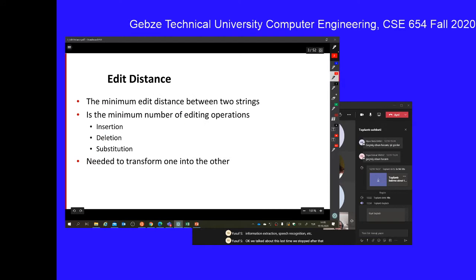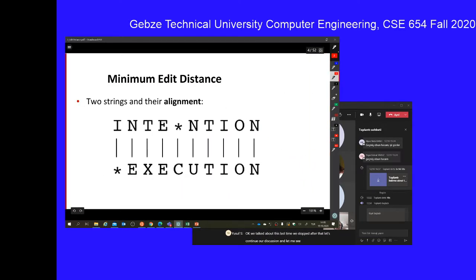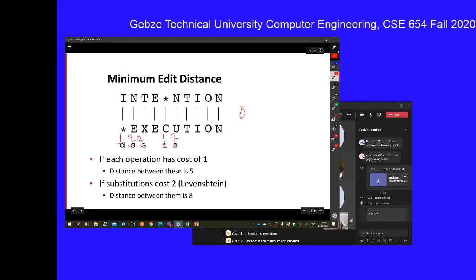Let's continue our discussion, and let me skip all these. I think this was the example that we were using: intention to execution. What is the minimum edit distance between them? We calculated it as 8, because there is one deletion, then 2 substitutions, E is going to stay the same, 1 insertion, and again 1 substitution.